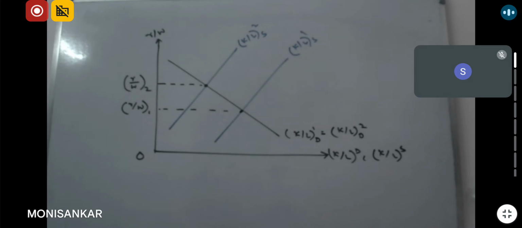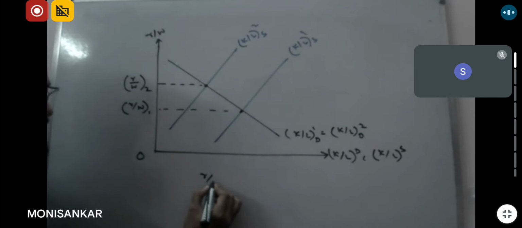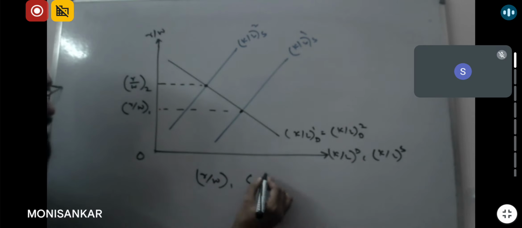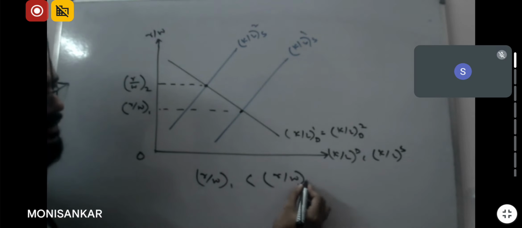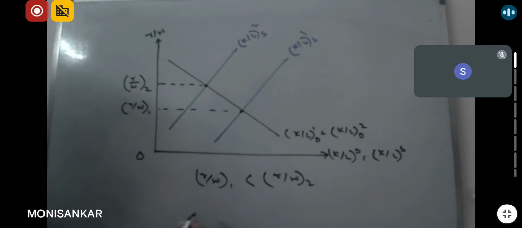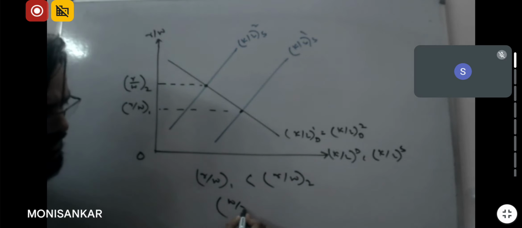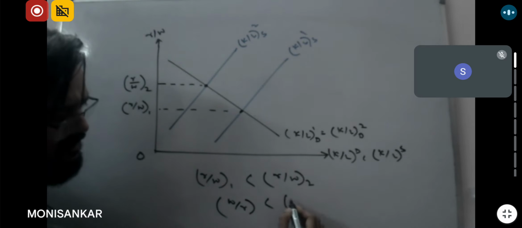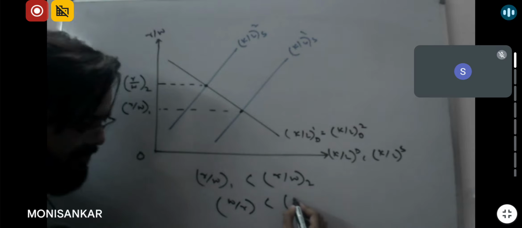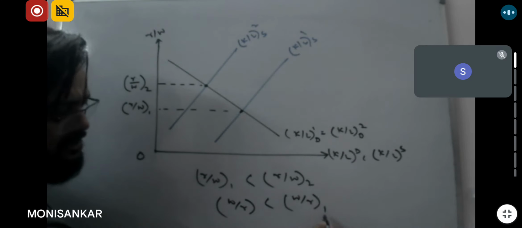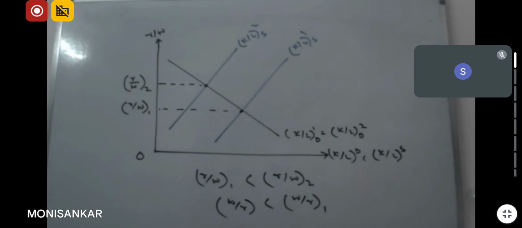So it is clear that capital is relatively cheaper in country 1 and labor is relatively cheaper in country 2.